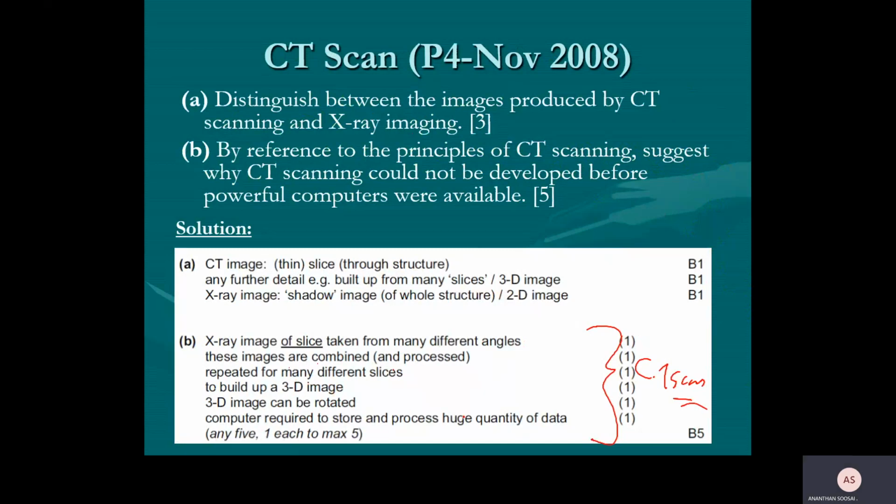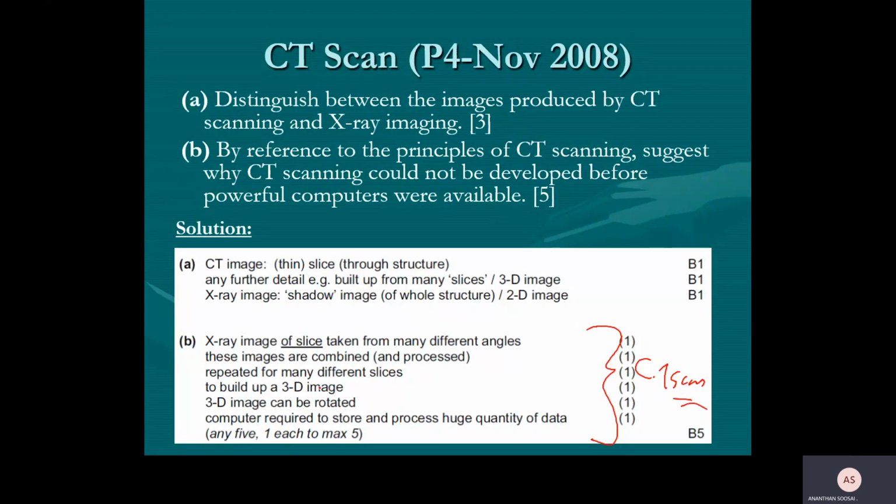Computer requires greater storage. So why is the CT scan different from X-ray? CT scan takes a slice of image at different angles, 1 mark. These images are combined, 1 mark, repeated for many slices, 1 mark, to build a 3D image which can be rotated.